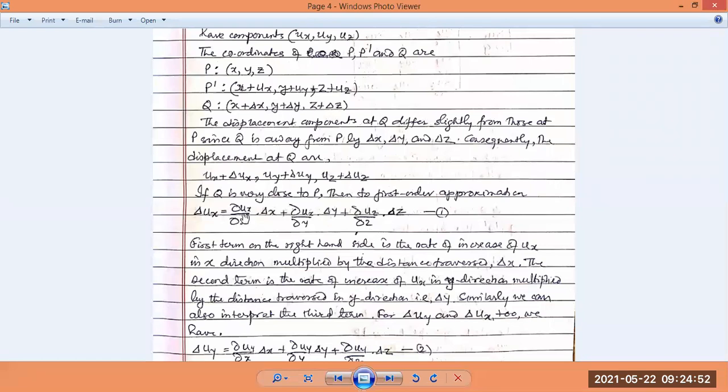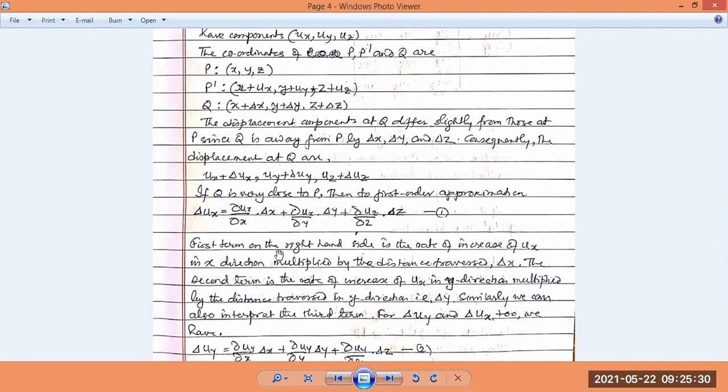That means the rate of change of ux along the x-axis multiplied by the distance already traversed, plus the rate of change of ux along the y-axis multiplied by the actual change that takes place, plus the rate of change of ux along the z-axis multiplied by the actual difference, delta z. So if you calculate these and add them together, you'll get the value of delta ux.